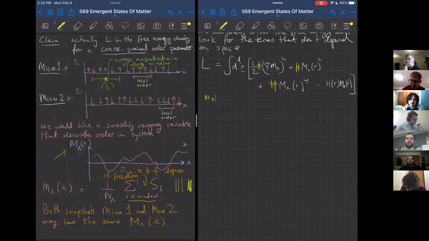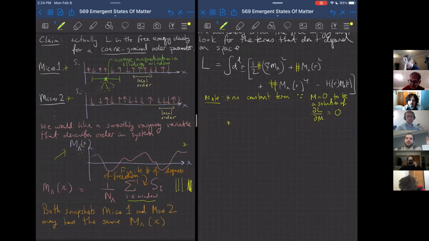So note that there is no constant term because we want m equals 0 to be a solution. So that's the first note.